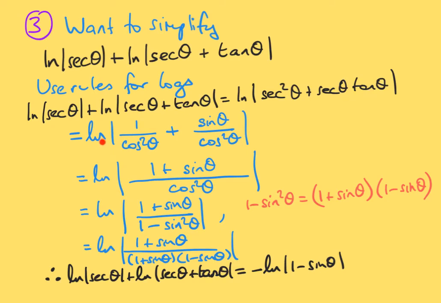So what we have is the logarithm of 1 over cosine squared theta, that's what sec squared theta means, plus, and then sec times tan is 1 over cos times sine over cos, so the numerator is sine and the denominator is 2 factors of cosine, cos squared theta. Because these terms have the same denominator, we just put them on that common denominator, 1 plus sine theta over cos squared theta.